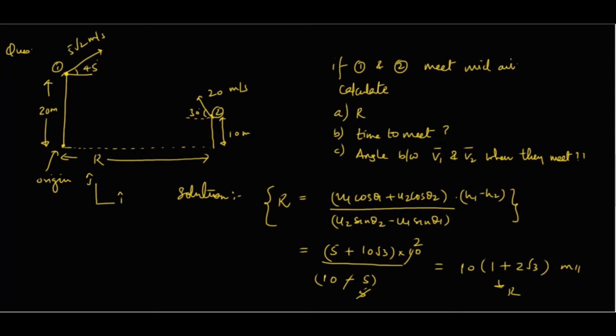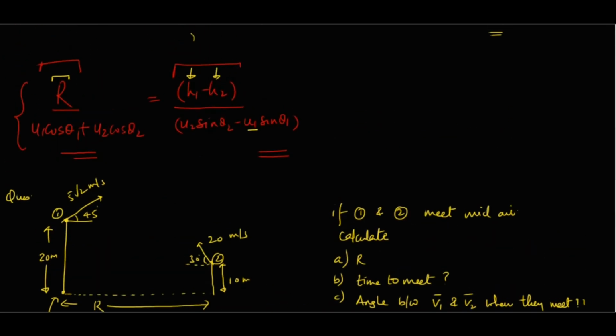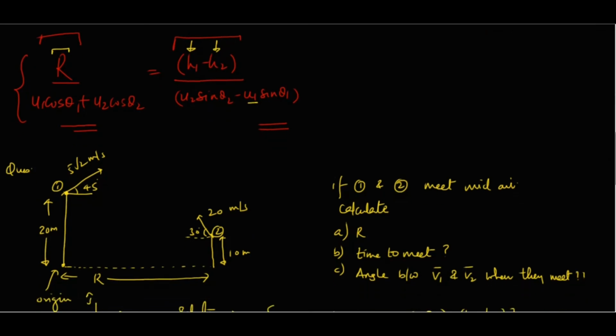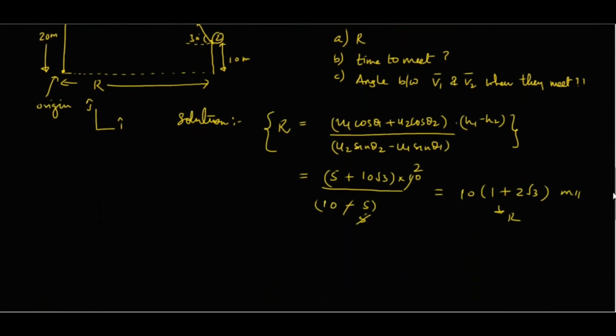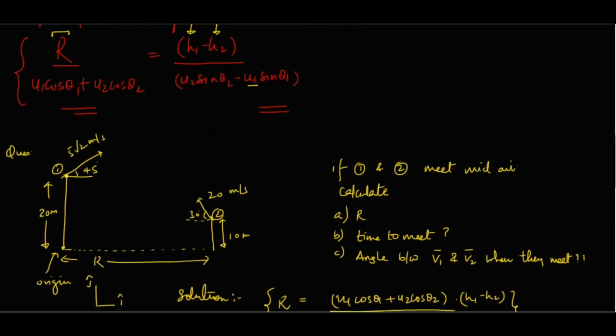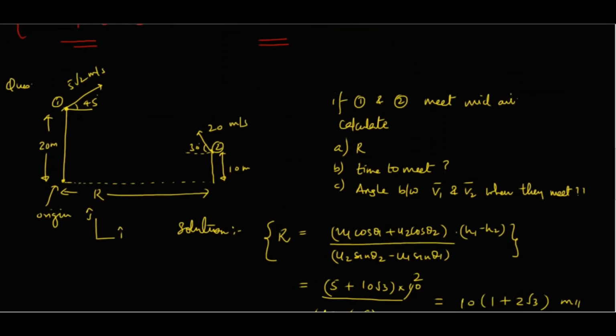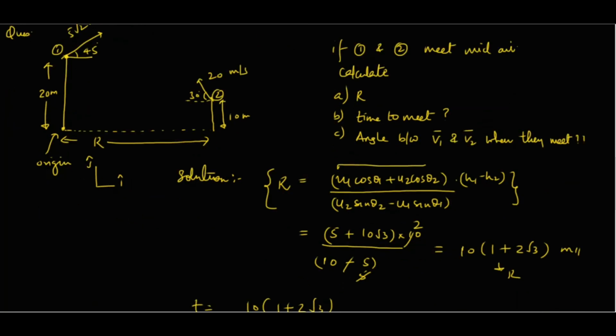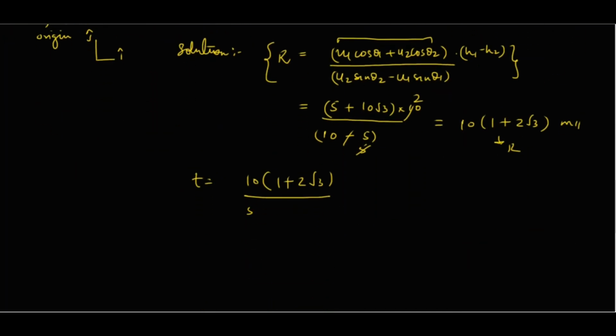Now how to calculate time? Time is nothing but this value of R divided by u1 cos theta 1 plus u2 cos theta 2. You could also have used the equation with h1 minus h2, but since we already have this R value and we know these, I'm just going to use this. It's just a matter of choice. So the time is going to be 10 times (1 plus 2 root 3), this is your R, divided by u1 cos theta 1 plus u2 cos theta 2, which was 5 plus 10 root 3.